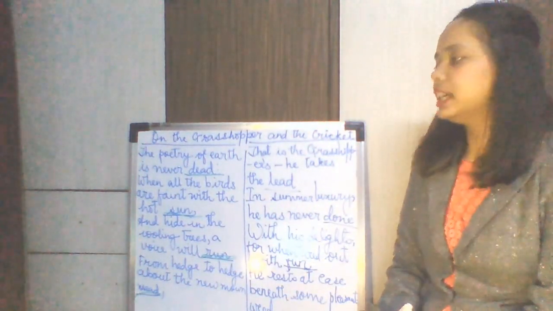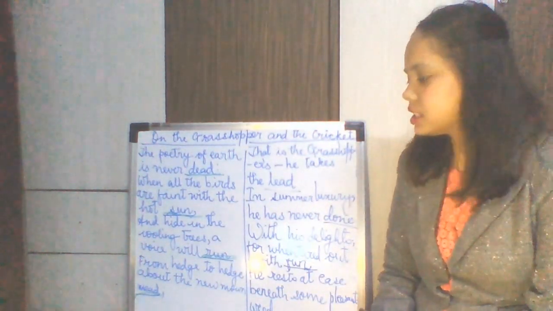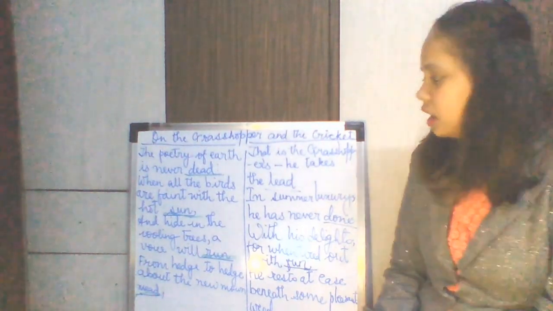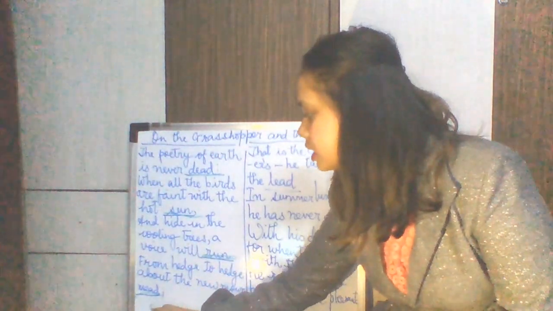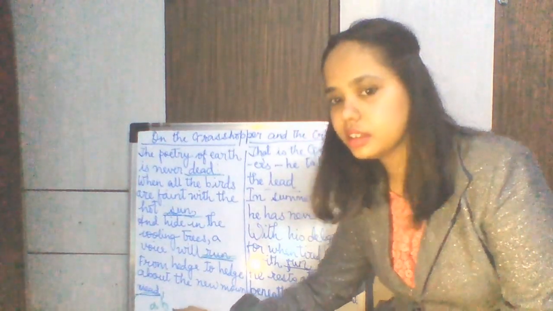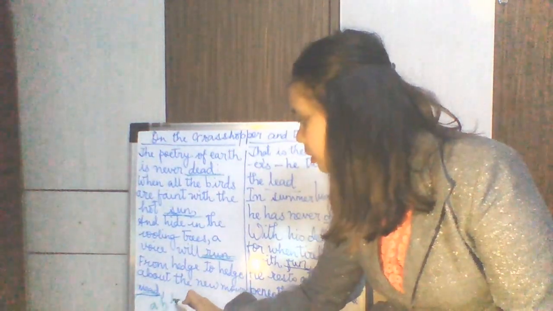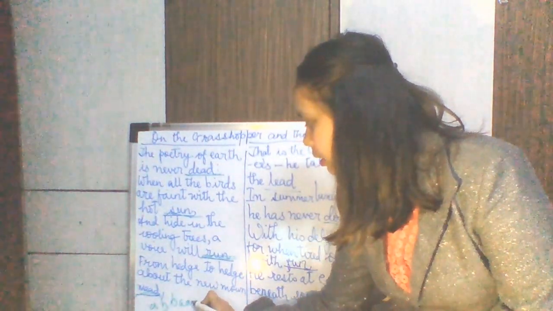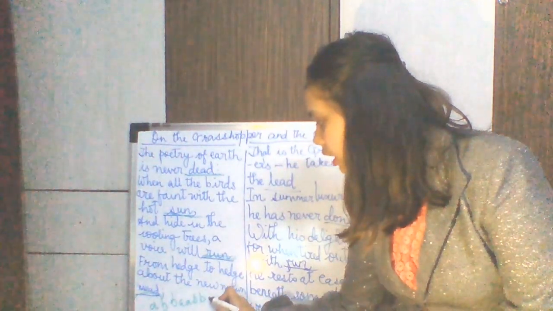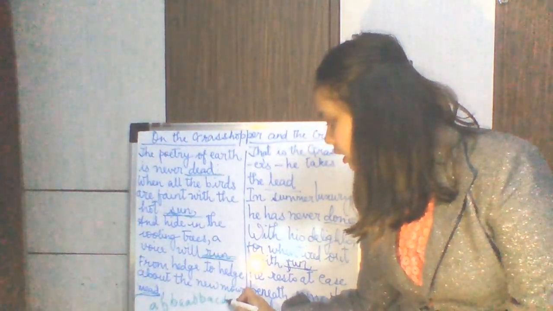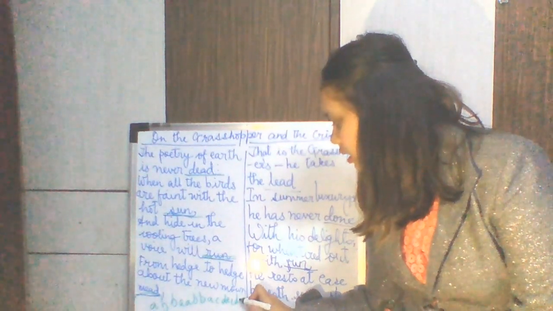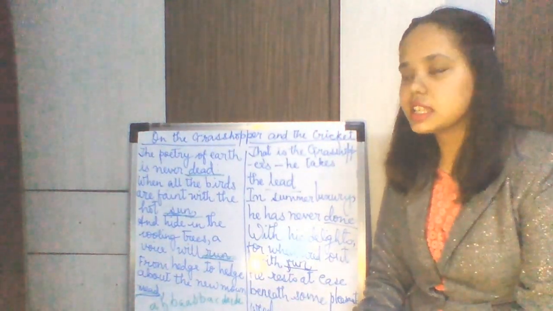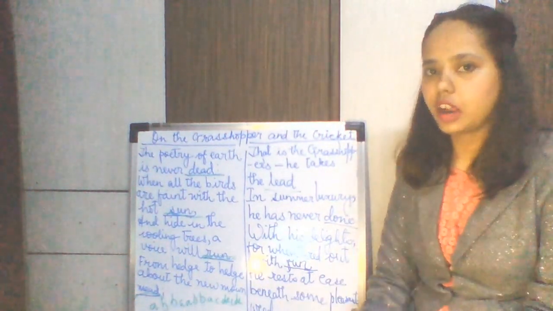We all know that the rhyme scheme of a Petrarchan sonnet is A B B A A B B A C D E C D E.